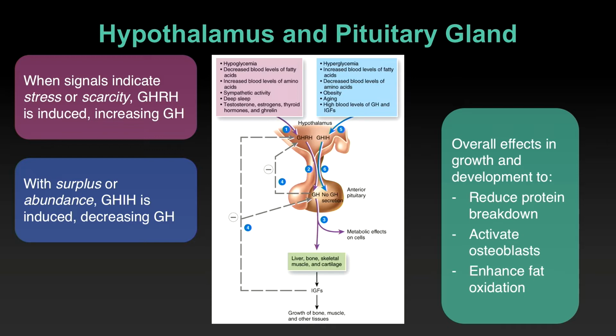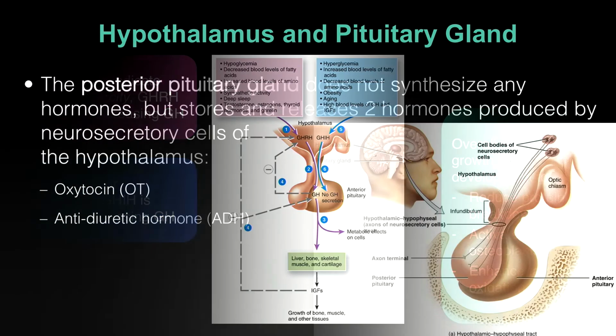So these are two major examples that we looked at in more detail of hormones from the anterior pituitary. What about the posterior pituitary? You don't have to remember all the individual cascades, just the two main examples that we've gone through on the anterior side.